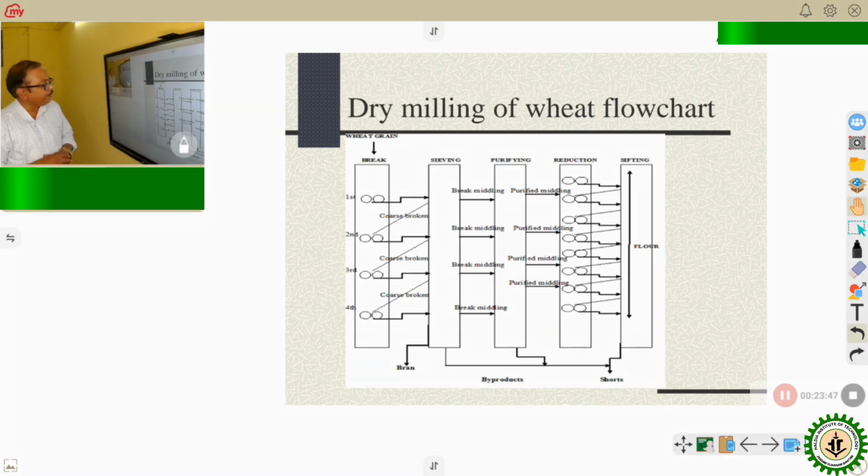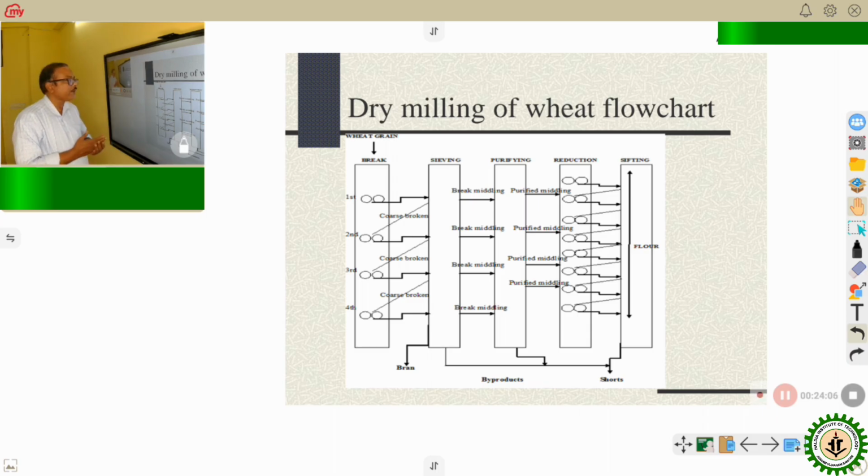Wheat milling. So break roll pairs first, where the objective of break roll is not to grind the wheat kernel but to break down the kernel and separate the bran, only to break down the kernel.